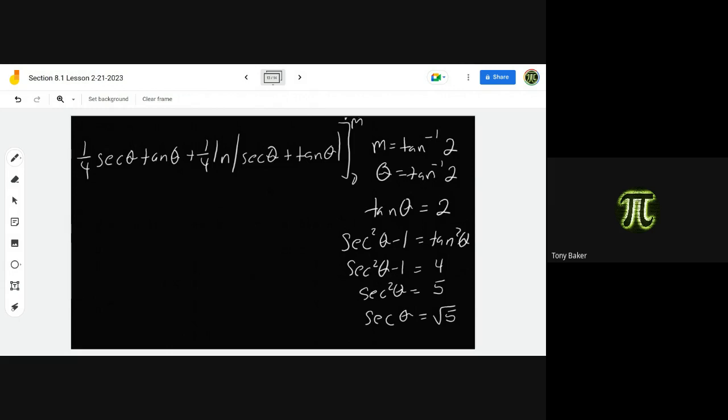Okay. So we have, I'm going to pull out the 1/4 just because I don't feel like dealing with it constantly through the whole problem. Secant of that is the square root of 5 times 2, plus the ln of the square root of 5 plus 2, minus.